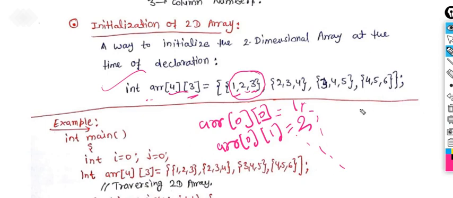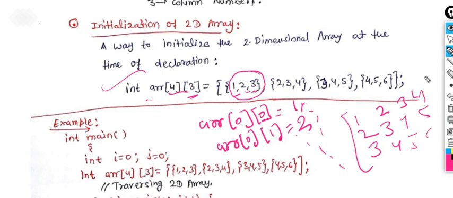So you have inserted 1 2 3, then 2 3 4, then 3 4 5, then 4 5 6. All the values you can insert with the help of curly braces. So 1 2 3, it is inserting column wise.